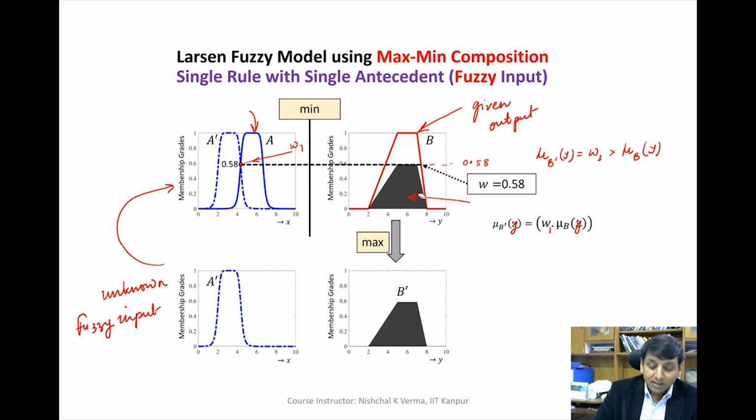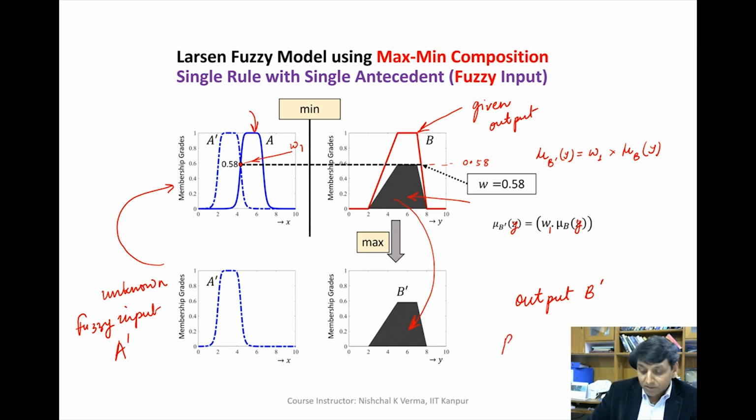Here the max of this will remain the same, so we are just taking this, and we say that corresponding to A dash as the unknown fuzzy input to the Larsen fuzzy model, the output is B dash.